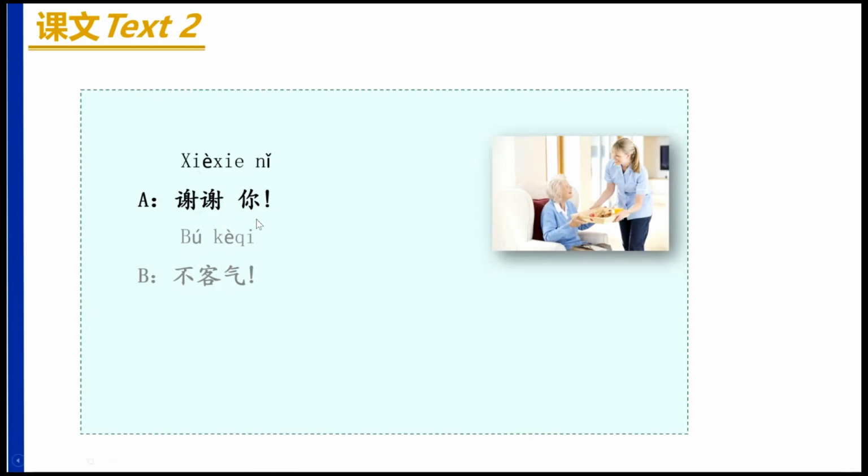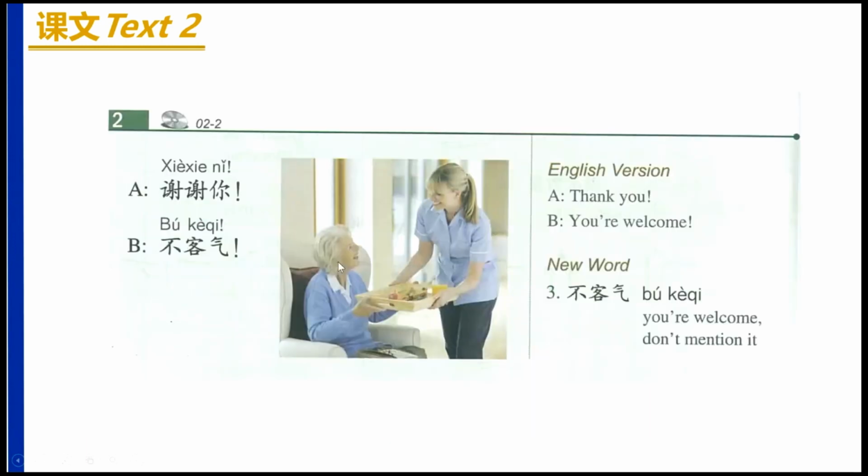So 你 means you. 谢谢你, thank you. And the reply is 不客气，不客气。谢谢你 thank you. 不客气 you're welcome. 不客气 means you're welcome or don't mention it.